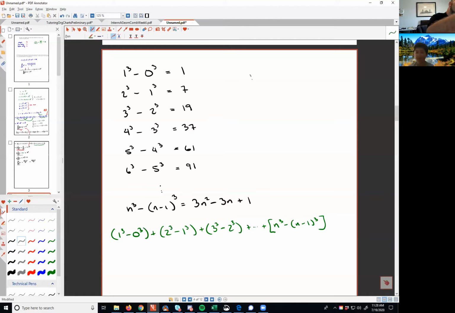Multiples of 6. Wait. There is a relationship to multiples of 6 in this pattern. In fact, each difference of cubes is 6 times a triangular number plus 1, which is kind of cool to notice.